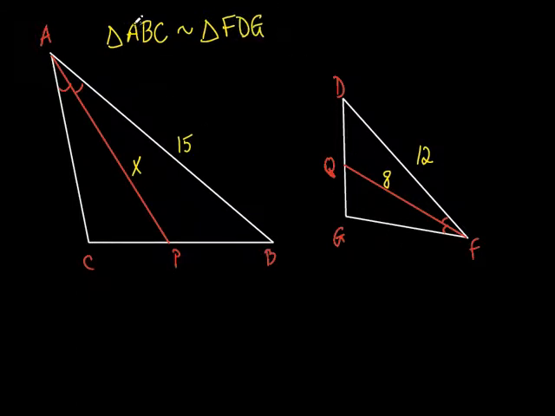So you can see right here that the A and the F correspond to each other, correct? The B and the D, right? This angle right here and this angle right here would equal each other, and then the C and the G would equal each other. So this third one and this third one would be equal. Everybody see that? Sometimes that can be very, very important. So we know the triangles are similar. So what can we do? We can compare the angle bisectors to each other, right?